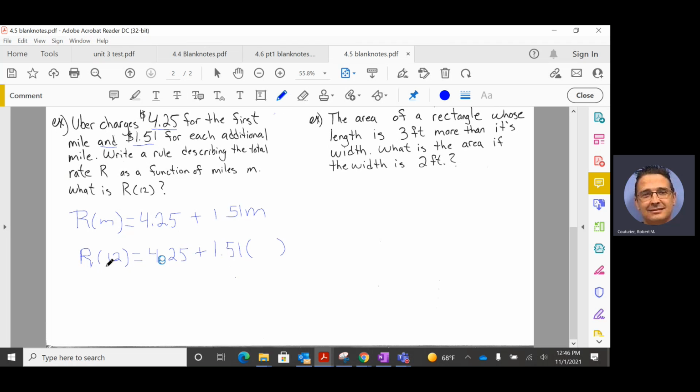So if you're going a grand total of 12 miles, how many additional miles? 1 mile is the first. You take away 1, and this is 11. Ooh, they were tricky on this one to us. I almost even messed that one up, all right? So 1.51 times 11 is going to be 16.61.